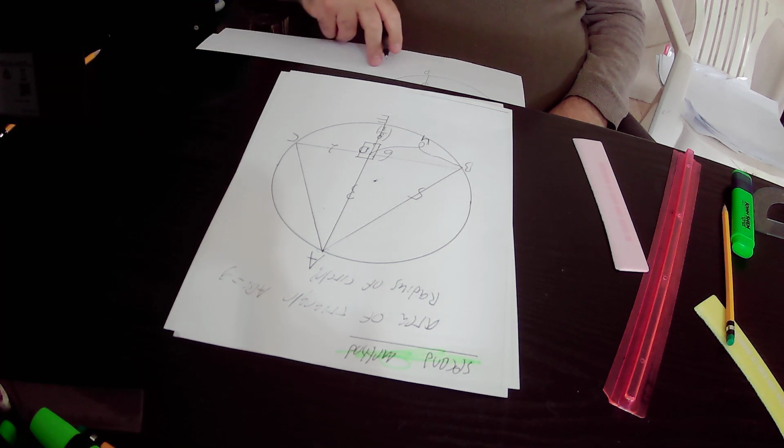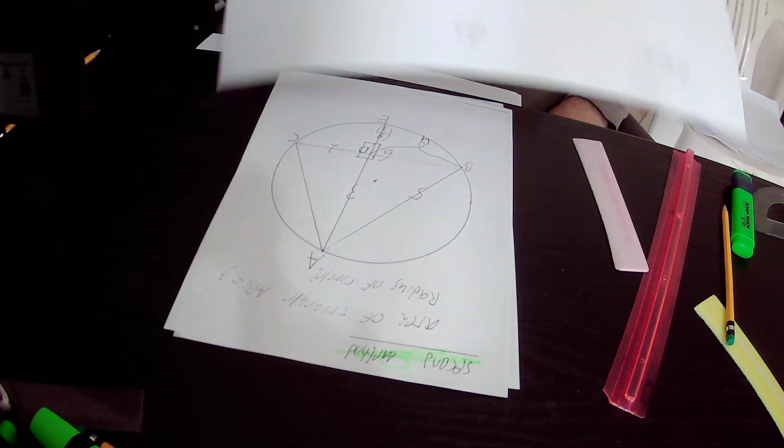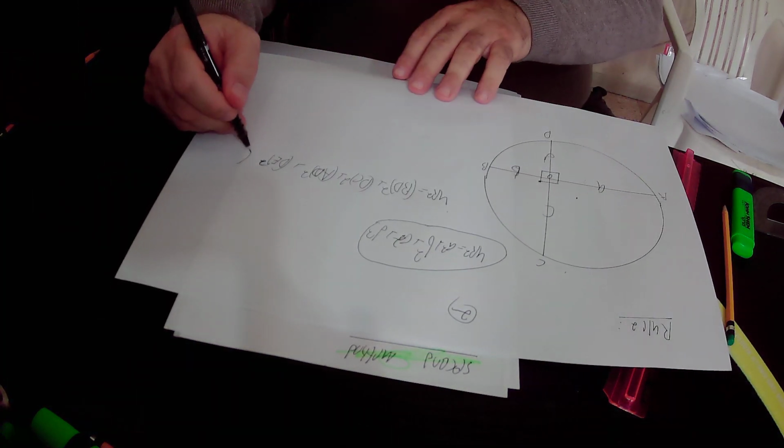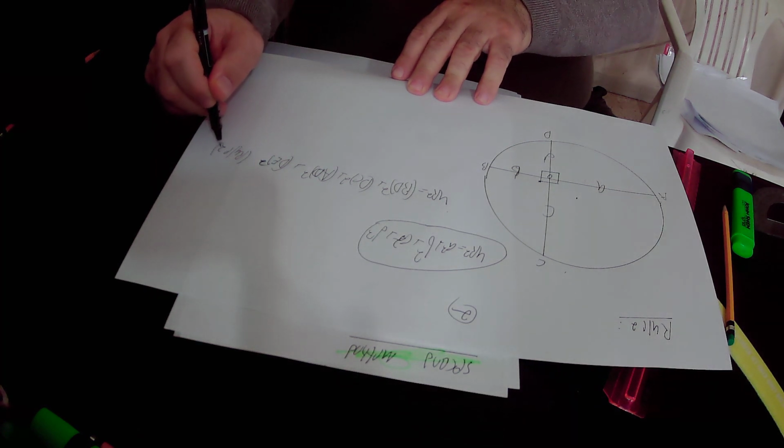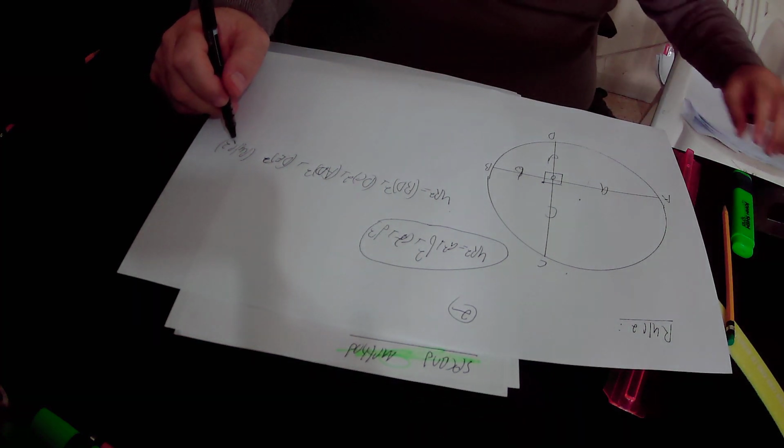Okay, so this equation is the implementation of rule number 2 in our drawing. Okay.